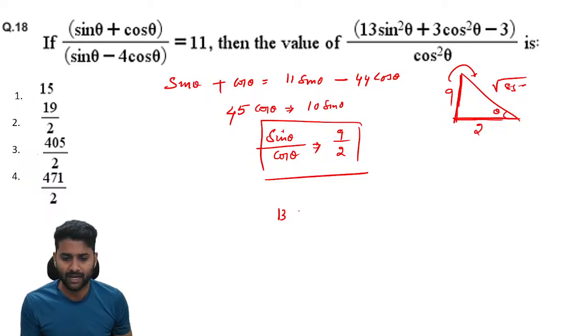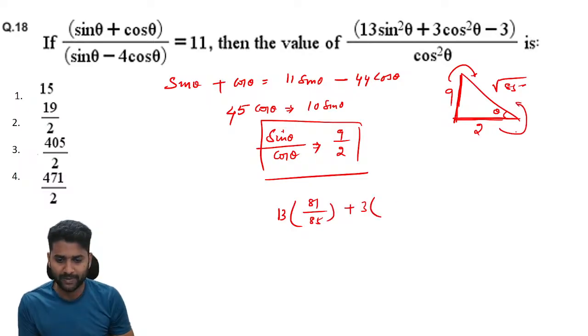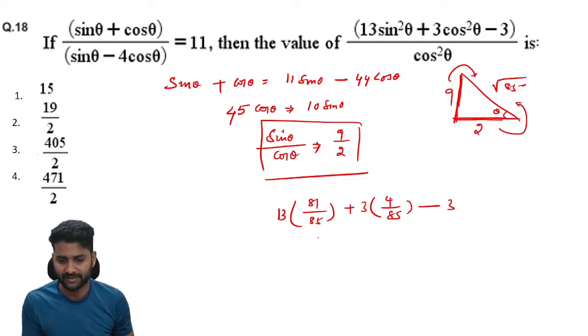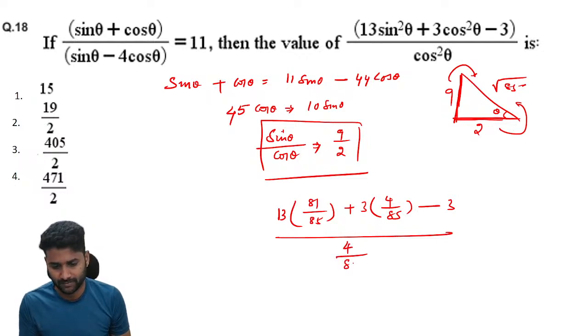So here it is all about opposite divided by hypotenuse. So 9 square is 81 divided by 85, plus 3 into cos square theta, which is all about base by hypotenuse. 2 square is 4 by 85, minus 3 divided by cos square again, 2 square is 4 divided by 85.